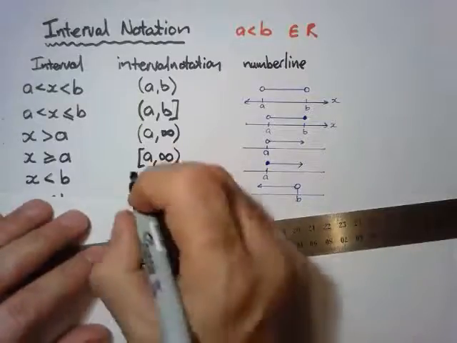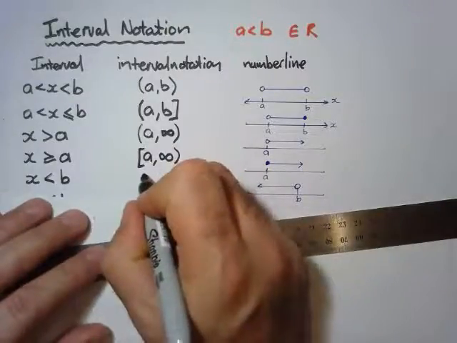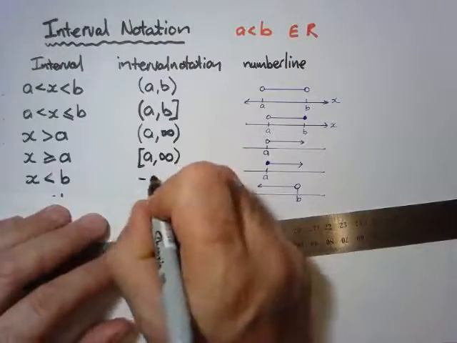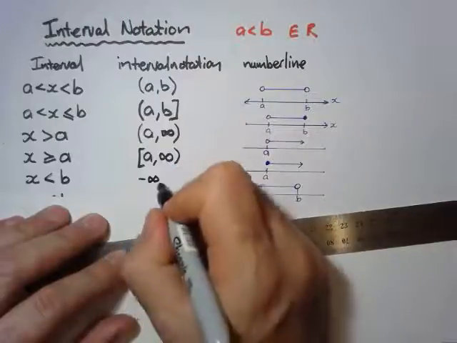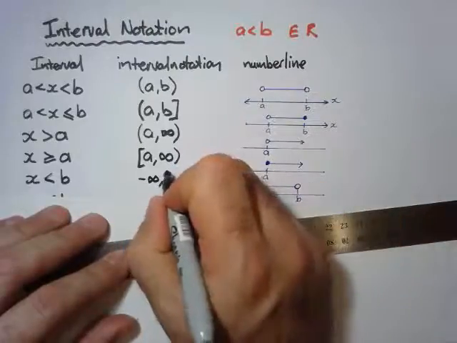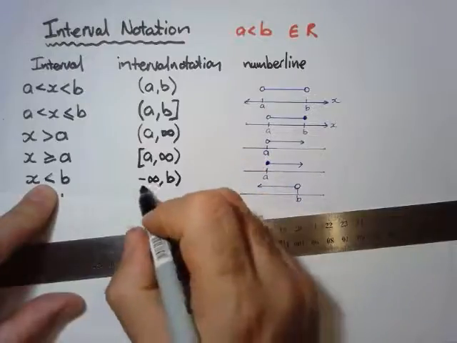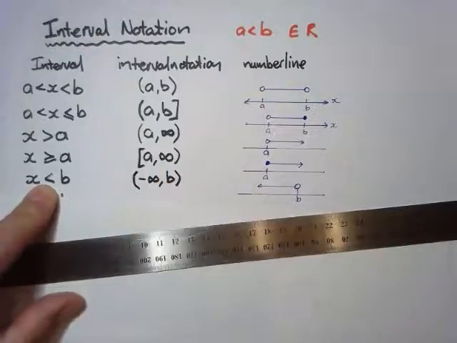Okay, so my lowest value also always comes first. So I'm going to have now negative infinity, and my upper limit is B. B is not included, so it's a round bracket, and infinity is always a round bracket because you cannot include that.